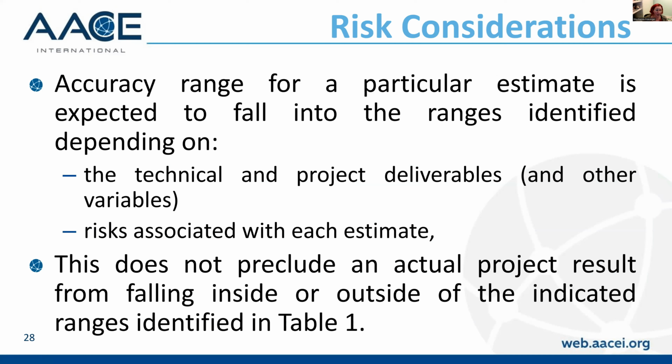The level of effort to produce a class 5 estimate may not be the same as producing a class 2 or a class 1. And so, of course, the time and level of effort budgeted to prepare the estimate, if you've got a class 1 estimate or a class 2 estimate that you've only been given a week to turn around, you might not have the best estimate at the outside, and your accuracy may be off.